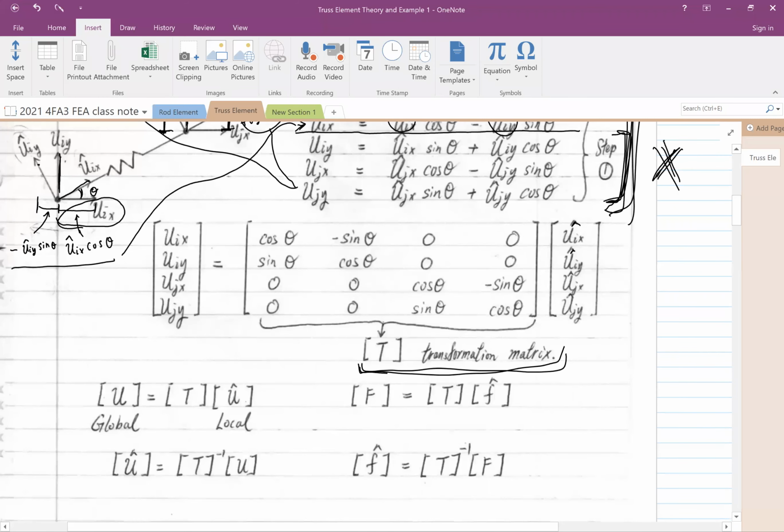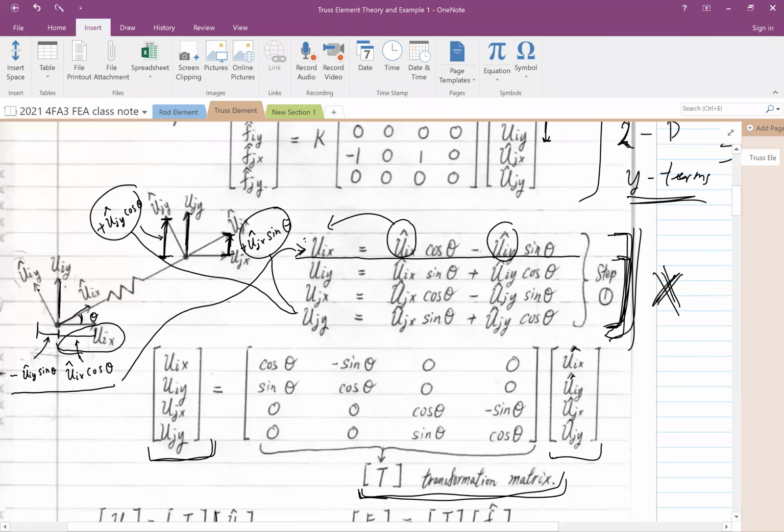Okay, right here, we turn everything with a hat to without a hat by a transformation matrix on a displacement. Same thing, we can apply the transformation matrix on the force as well.